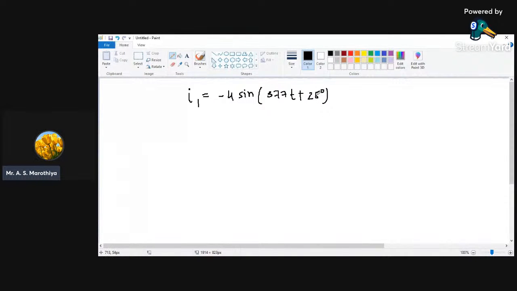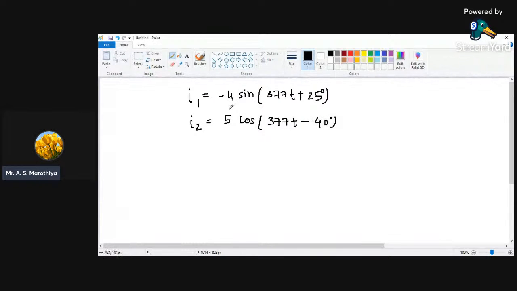Let me erase this. This is 25 degree. And I2 is going to be plus 5 into cos of 377t, then minus 40 degree.